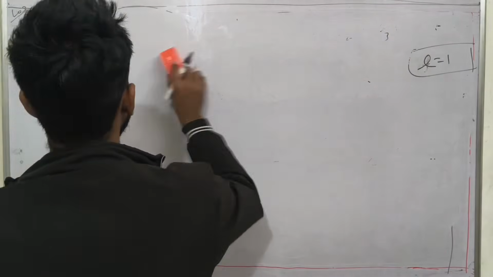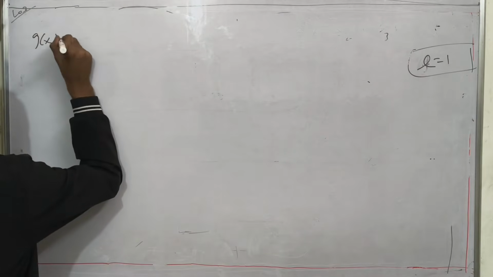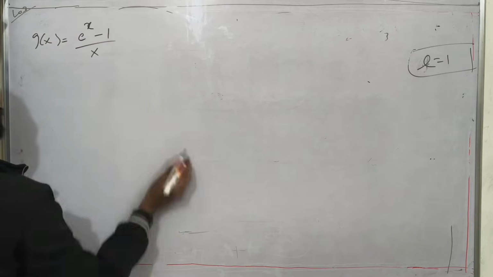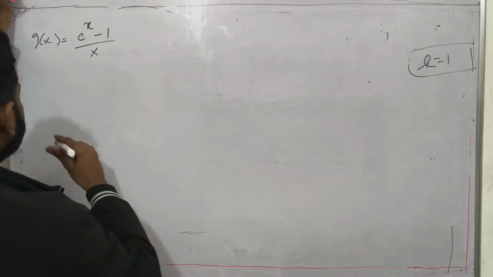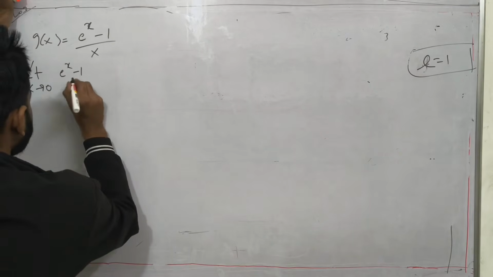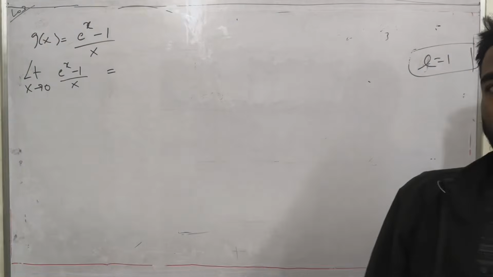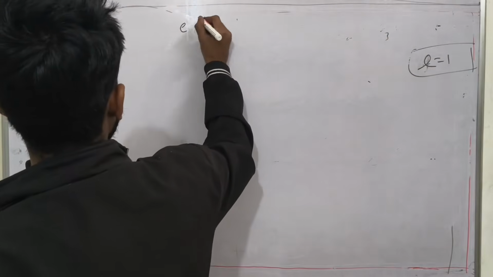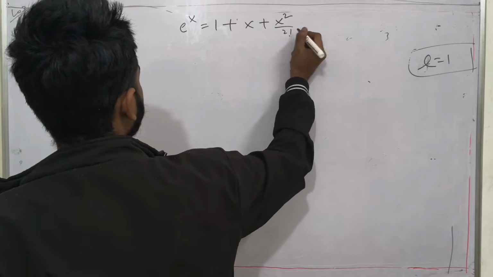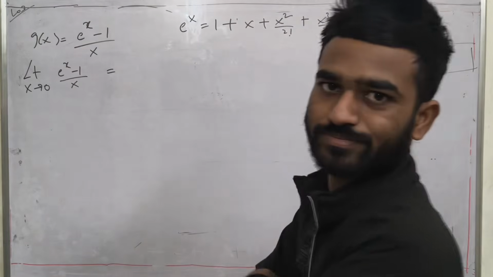Now take the second function g of x. g of x equals e power x minus 1 by x. Okay, now limit x tends to 0 of e power x minus 1 by x equals the expansion of e power x. Children, tell me the expansion of e power x: e power x equals 1 plus x plus x square by 2 factorial plus x cube by 3 factorial plus so on.